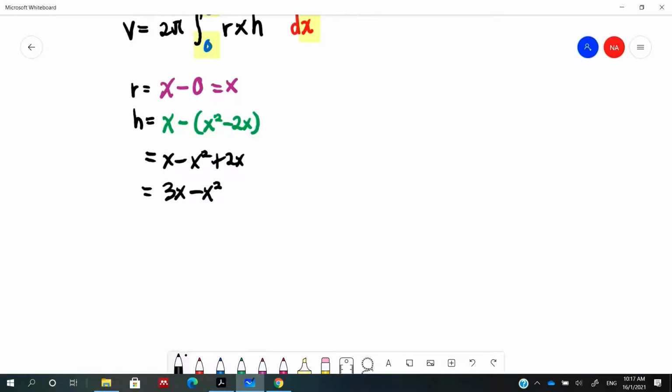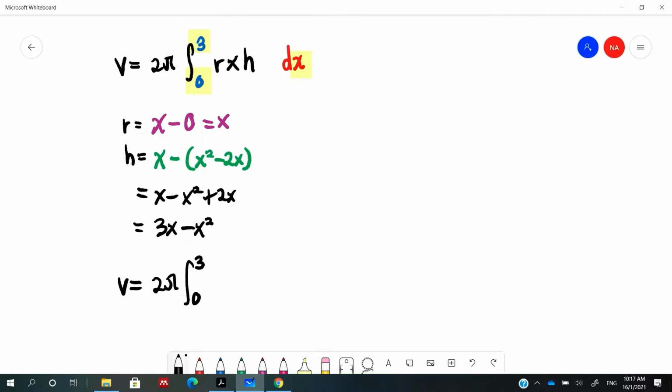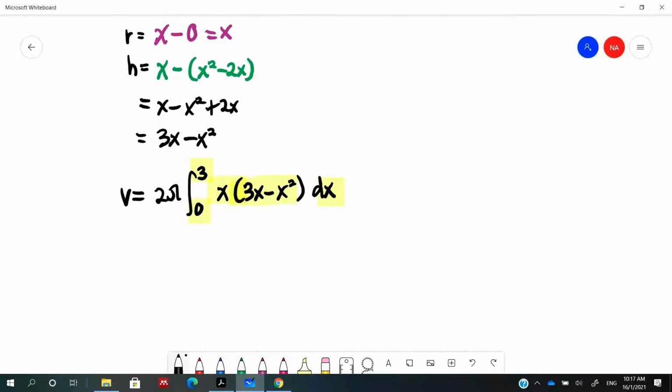Now you substitute inside the formula for volume: 2 pi integrate from 0 until 3 of x(3x minus x squared) dx. How do you decide if the formula is right? Everything should be in terms of x, and these values are also on the x-axis. Then you can expand that, find the integration, and get the final answer.